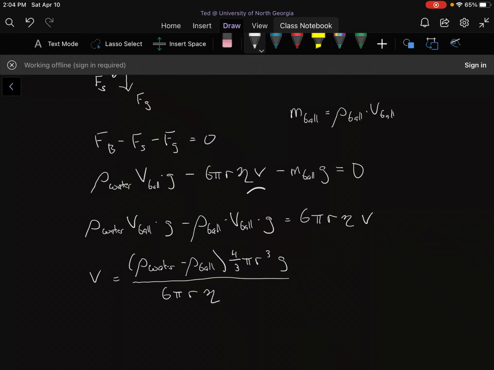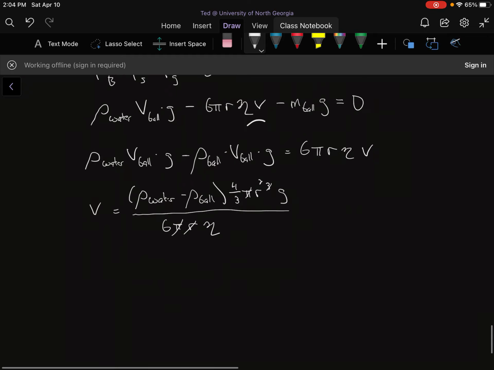So a couple things happen. That pi cancels with that pi. One of those r's cancels with one of these r's, so that becomes r squared. So this simplifies a little bit.